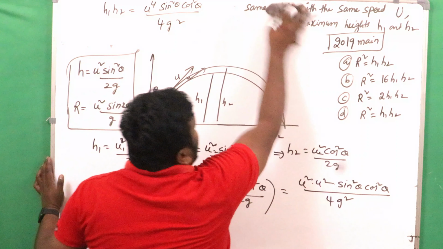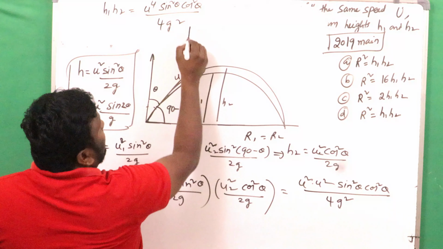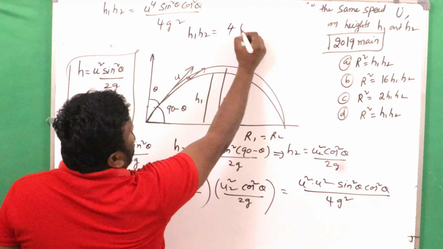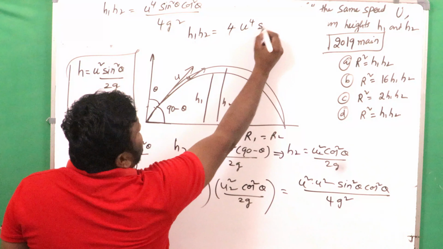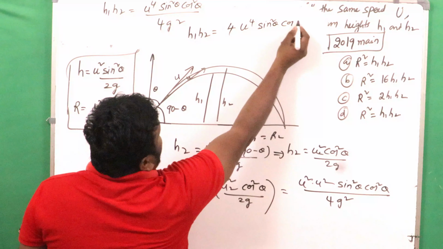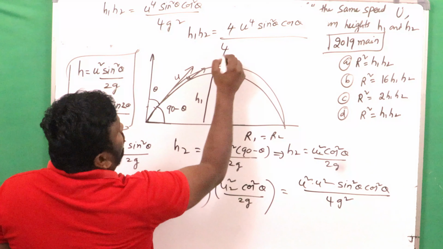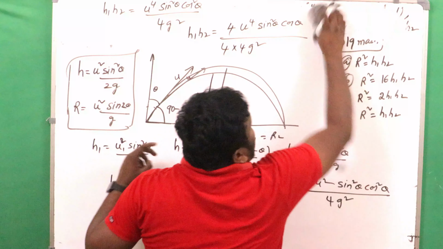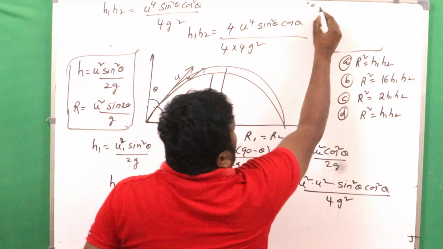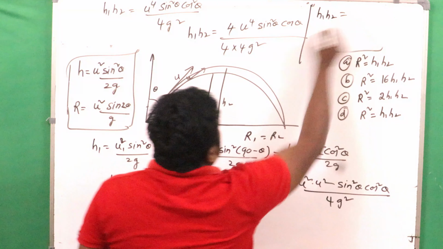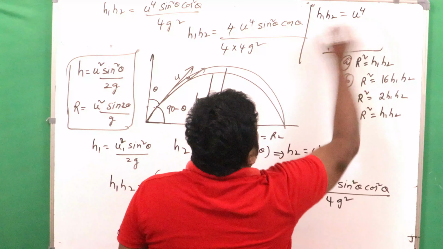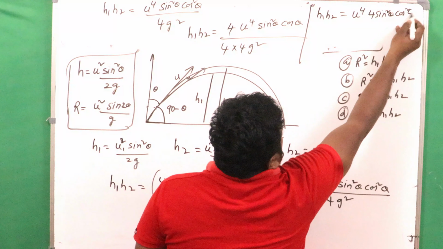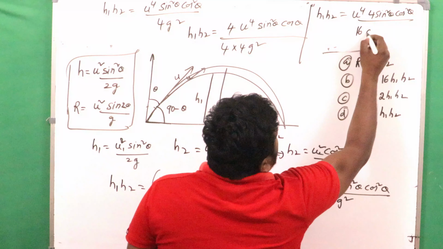For our convenience, I am multiplying the numerator and denominator with 4. So 4 into u to the power of 4 sine square theta cos square theta by 4 times 4g square. From the same equation we can write h1 h2 is equal to u to the power of 4 into 4 sine square theta cos square theta by 16g square.